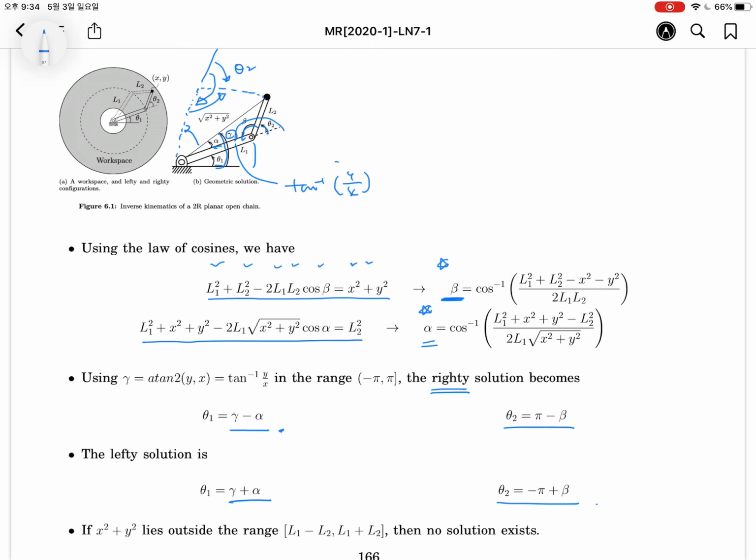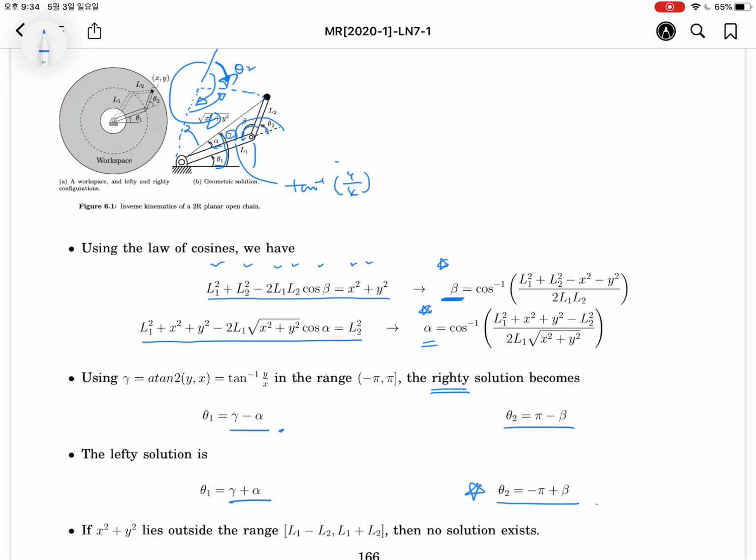Every joint angle is represented as positive in the case of counterclockwise rotation, but θ2 is counted as clockwise.